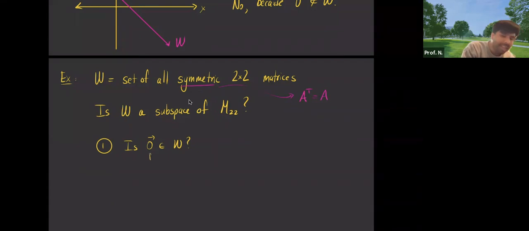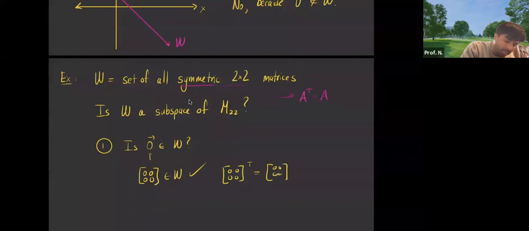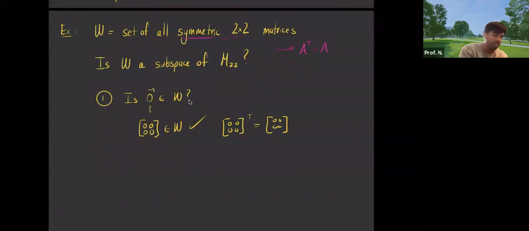We're treating matrices as vectors in the general sense, but in the world of matrices, we're dealing with matrices. So this is really going to be 0, 0, 0, 0. Is this in W? Obviously. Why? Because the transpose of the zero matrix is 0. Do you see that? Some of these things are obvious. You just have to show it.